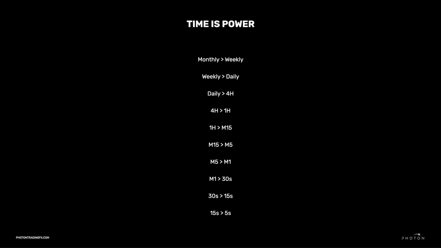The monthly timeframe is more significant than the weekly, the weekly is more significant than the daily, the daily more than the 4-hour, more than the 1-hour, right, and so on, all the way down to the minutes and the seconds timeframes. So this is why we always take a top-down approach. We always start analysis on the higher timeframes to develop our higher timeframe bias, and then we slowly work our way down to refine and increase our timing accuracy.